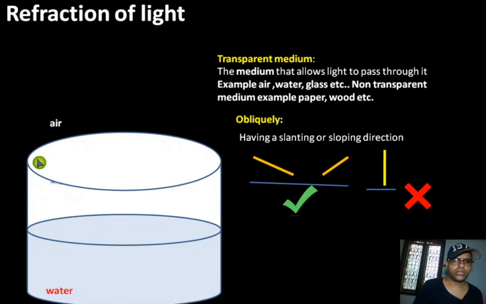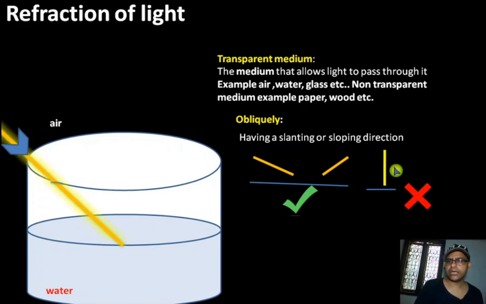So now when a ray of light enters these media, what happens? Let us see. Now, when a ray of light is entering obliquely, what is the meaning of obliquely? Obliquely means having a slanting or sloping direction. See here, there are two lines entering obliquely, at an angle or in a sloping direction to the surface.